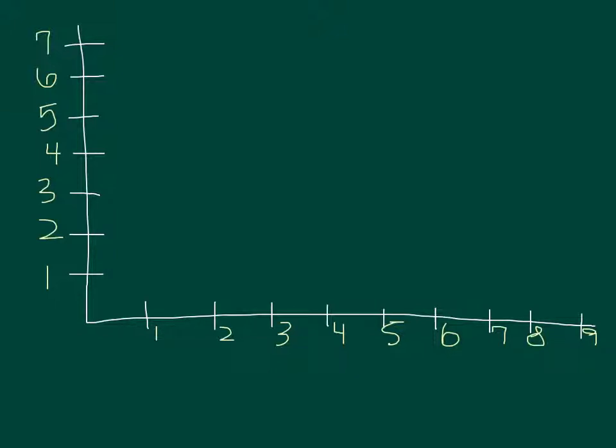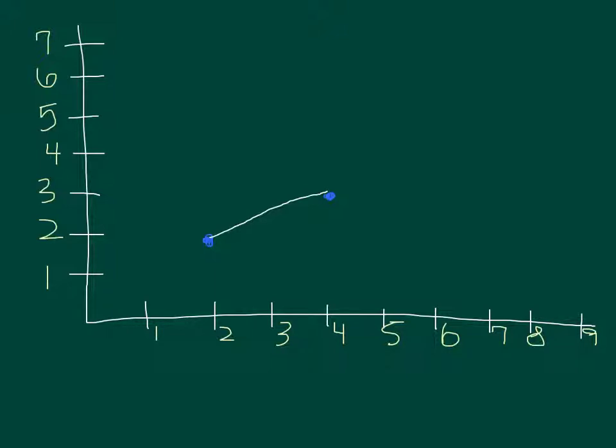Now say you need to find the distance between 2 points, one at (2, 2), and one at (4, 3). What you're trying to find is the length of this line right here. Seems impossible, doesn't it?